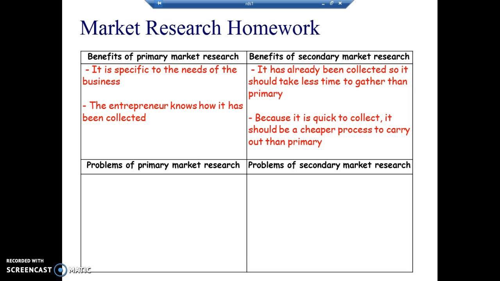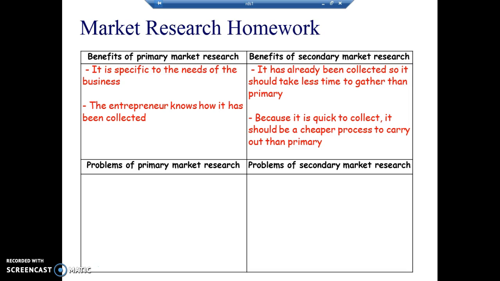So the entrepreneur knows that they're going to find out the answers to the questions that they ask, whereas secondary market research might be relevant, but it doesn't answer completely the questions that the entrepreneur has. And the entrepreneur also knows how the data has been collected.